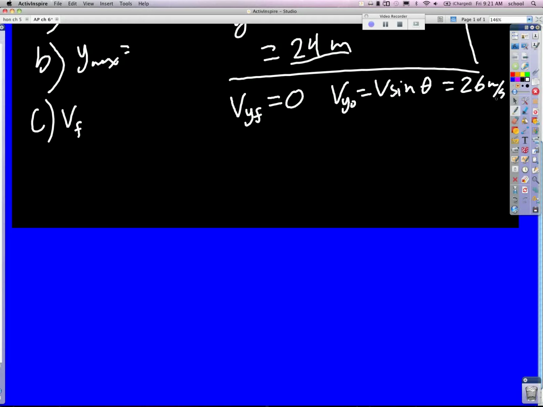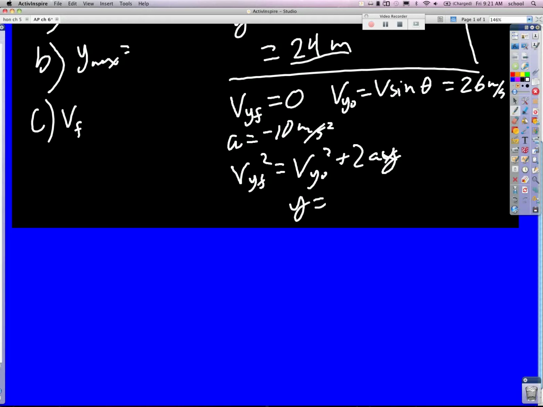So this becomes 26 squared, which is almost 700, and then divided by negative 20. So negative 676 divided by negative 20 gives me 33.8 meters, or 34 meters.